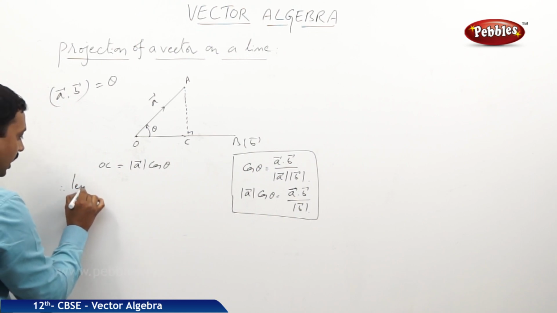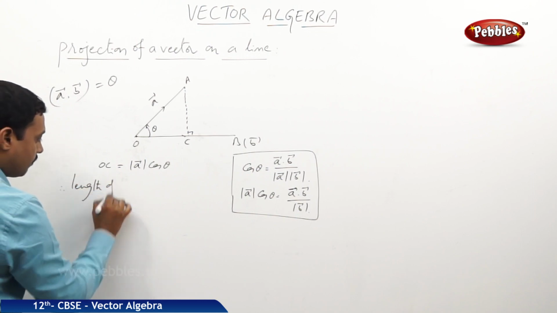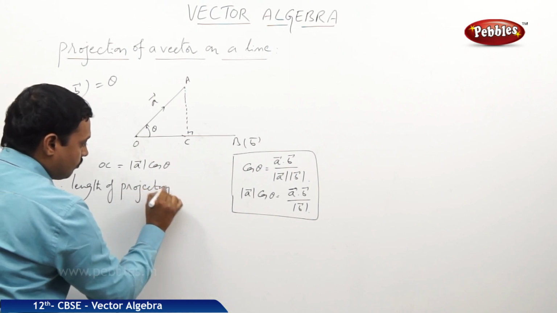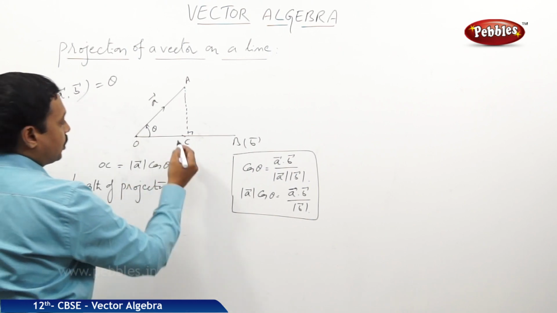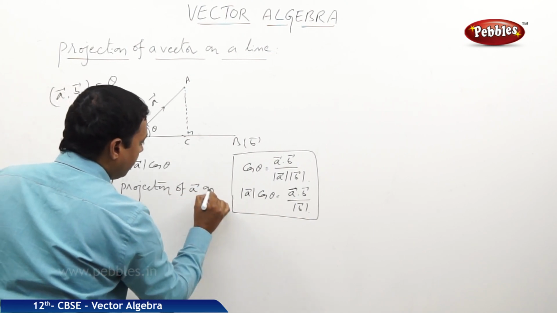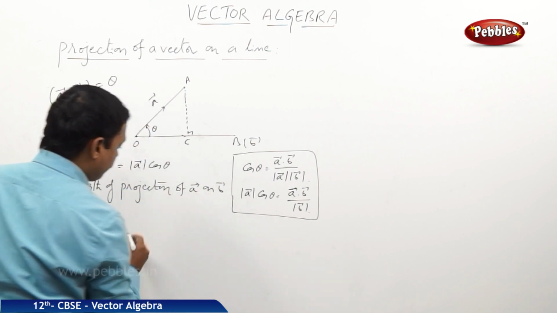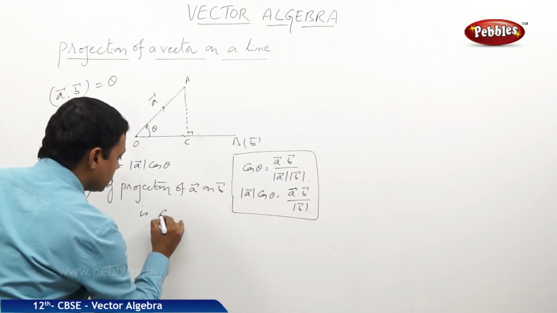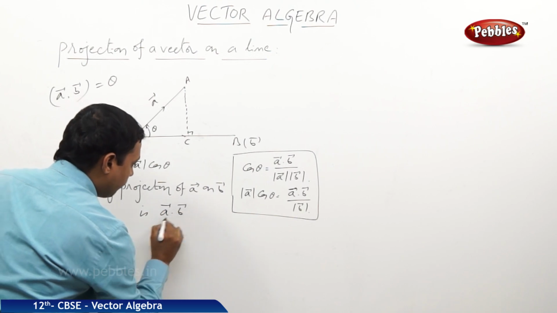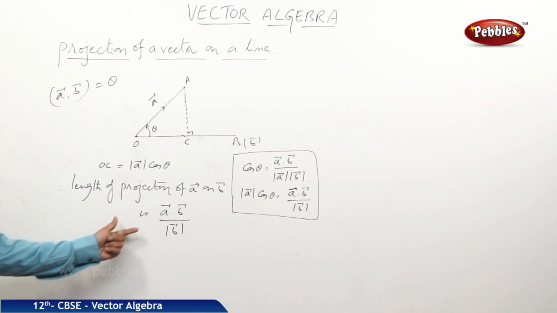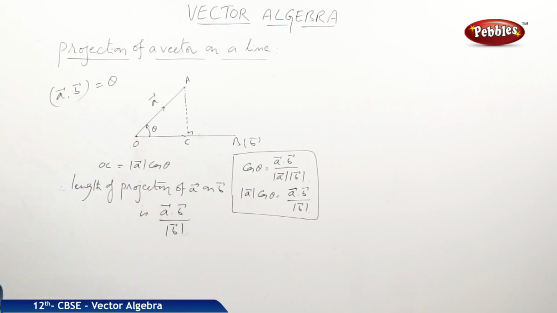Therefore, the length of projection of A bar on B bar is mod A cos theta, that is A bar dot B bar by mod B. Now this is the formula to find the length of the projection.